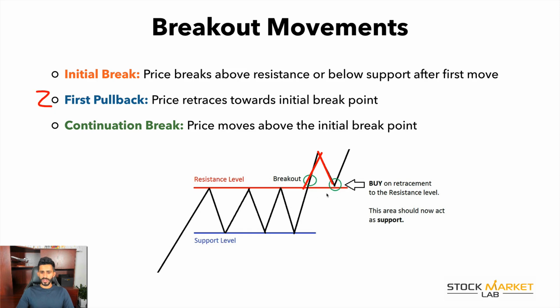That's the second part. Once you get the first pullback, a few things may happen: the stock breaks out, pulls back, and continues, which is a continuation break, or the stock breaks out, pulls back, and then dumps. Or sometimes the stock goes up and just dumps, right?